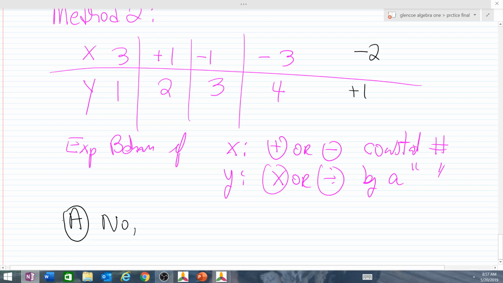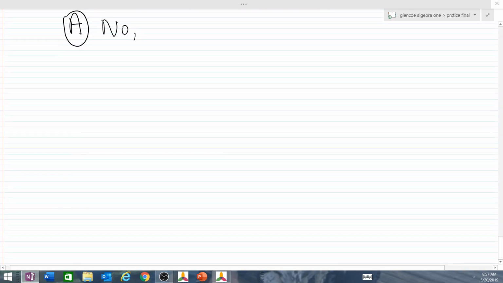Next page, page 9, 42 through 49. 42, it's the same type of problem. Okay, let me look at the problem.